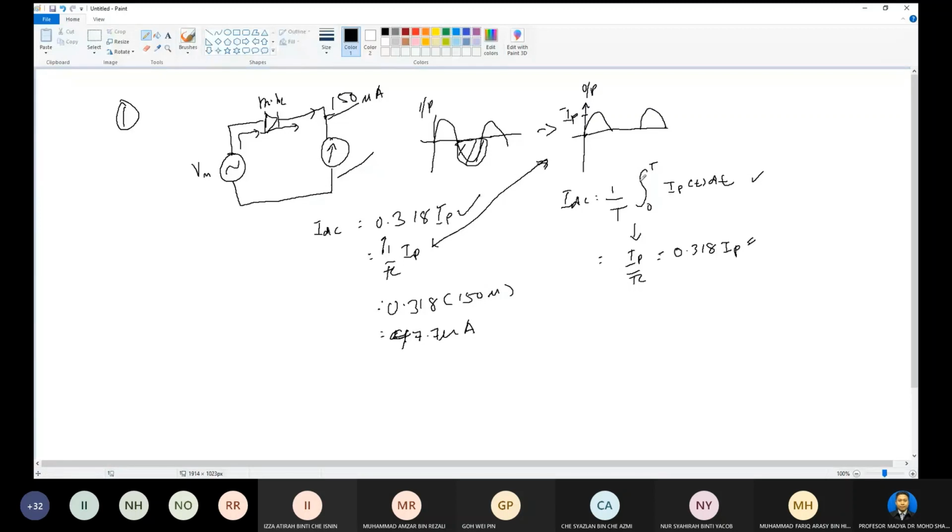This formula is derived from this output, with mathematical derivation at the end, and you get 1 over pi multiplied by IP. That is the formula. For example, 1 over pi multiplied by 150 micro, so the answer will be 47.7 micro. So that is for question number 1.